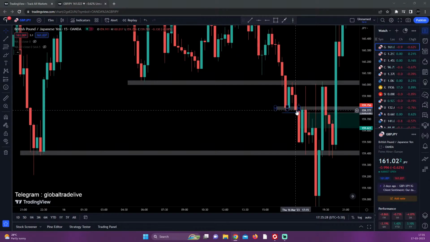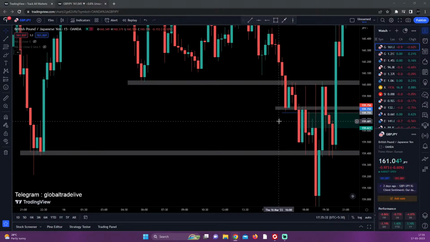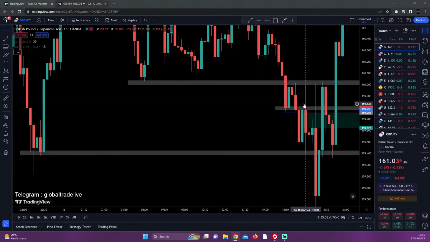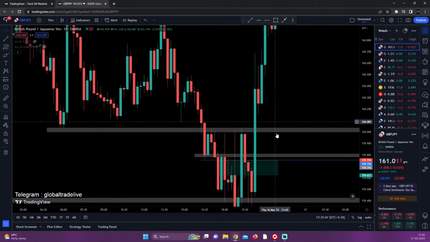This candle closed with no wick in the sell direction, so the chances of going down in the next candle were really low. That's why I had to manage the risk, and I kept my stops above this candle's high over here. So it went down straight, and that was a quite profitable trade and an easy setup.